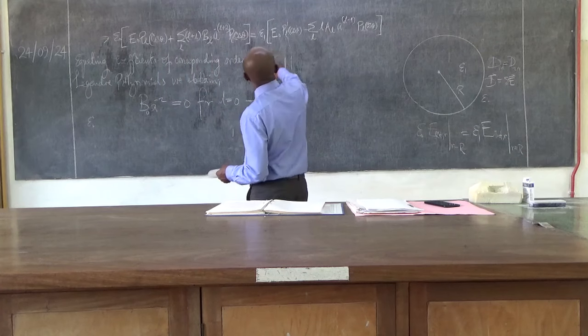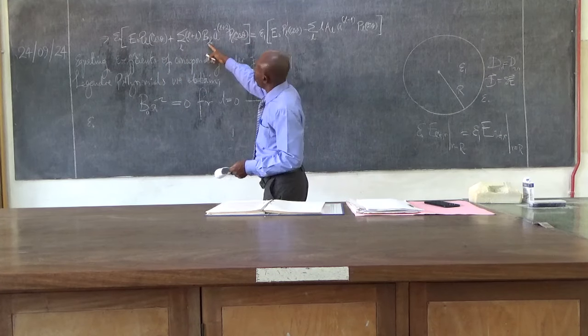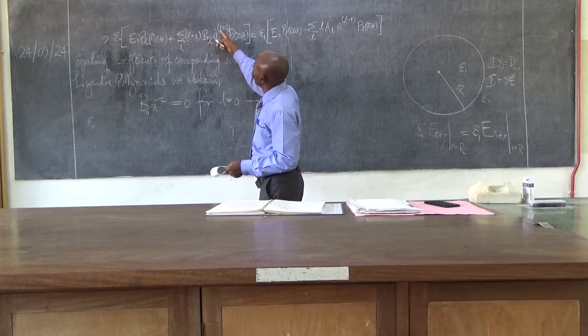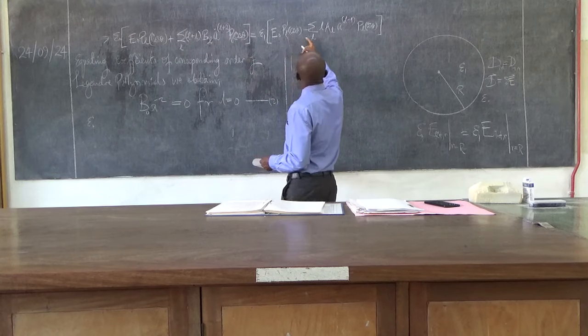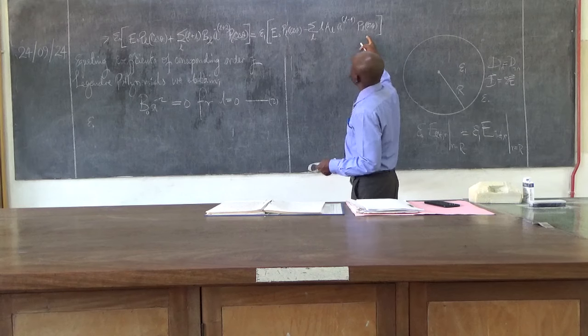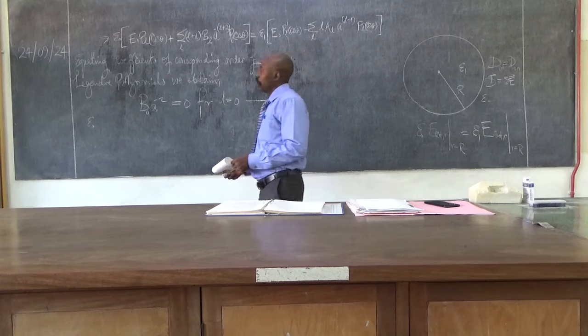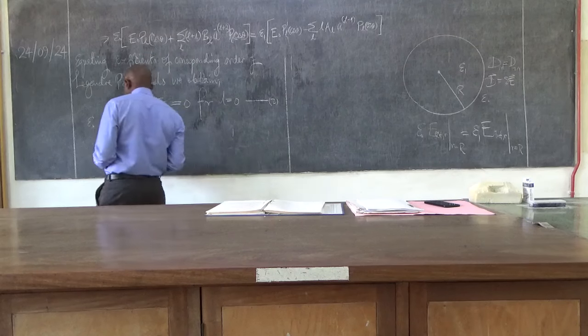So B naught, A to the power minus 2. This side here, we don't have any B. So then we get it being equal to 0.